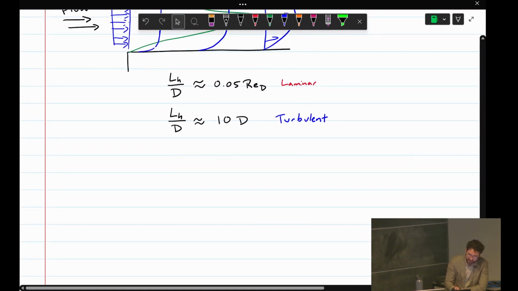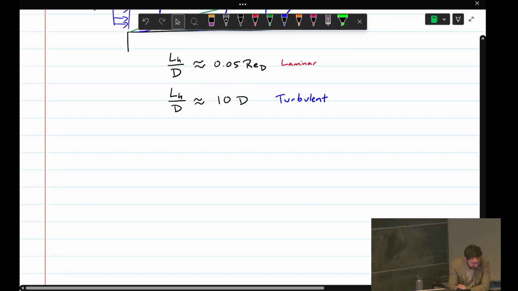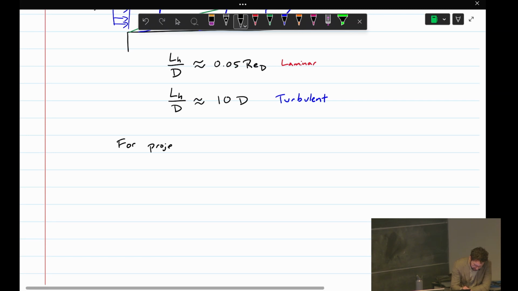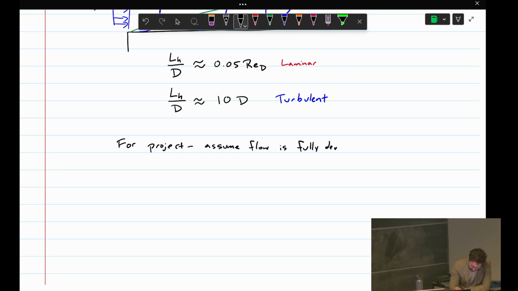I'm going to make one more statement. I know I'm just a little over time, but this is a hint for your project. For the project, assume flow is fully developed everywhere.